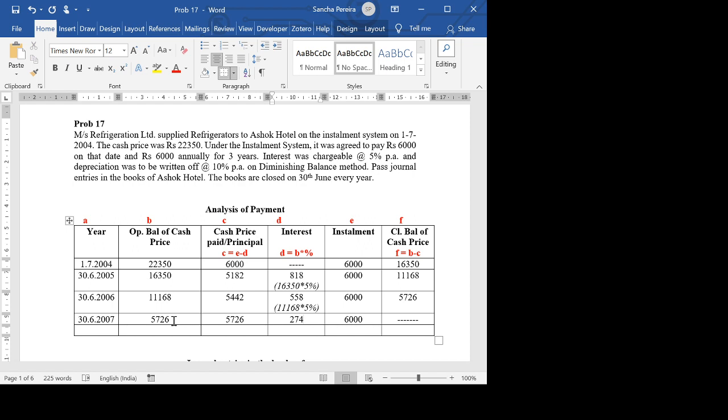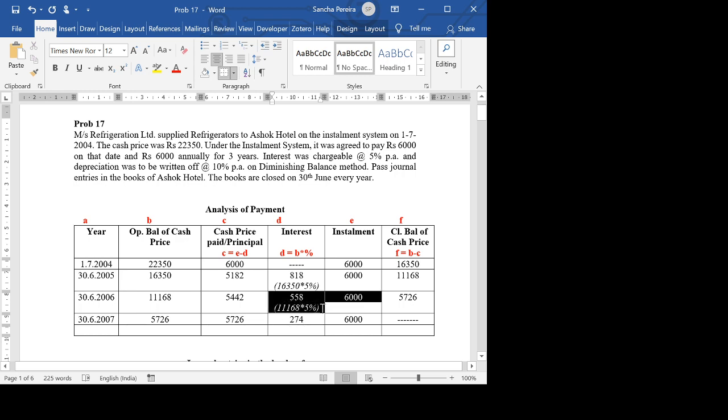If I calculate interest on that, 5,726 into 5%, it comes to 286. If I calculate 5% of this, it comes to 286. So if I have 286 here, then this won't tally. We'll have a different amount here and then we'll still have something. We don't want anything here. This needs to be 0. So this becomes the balancing figure. So how did I get that?